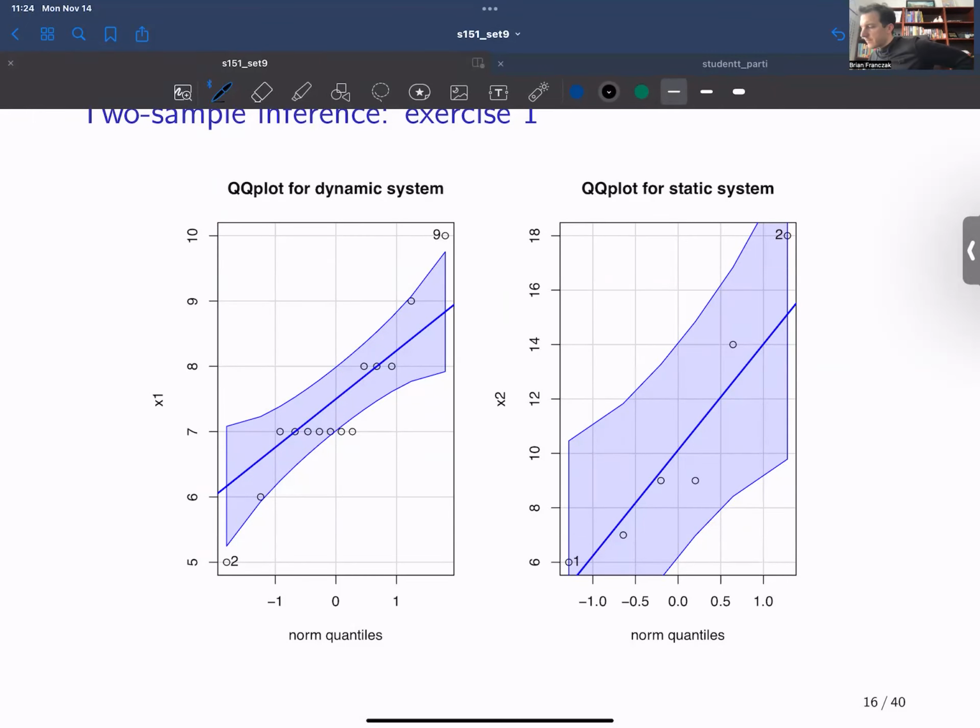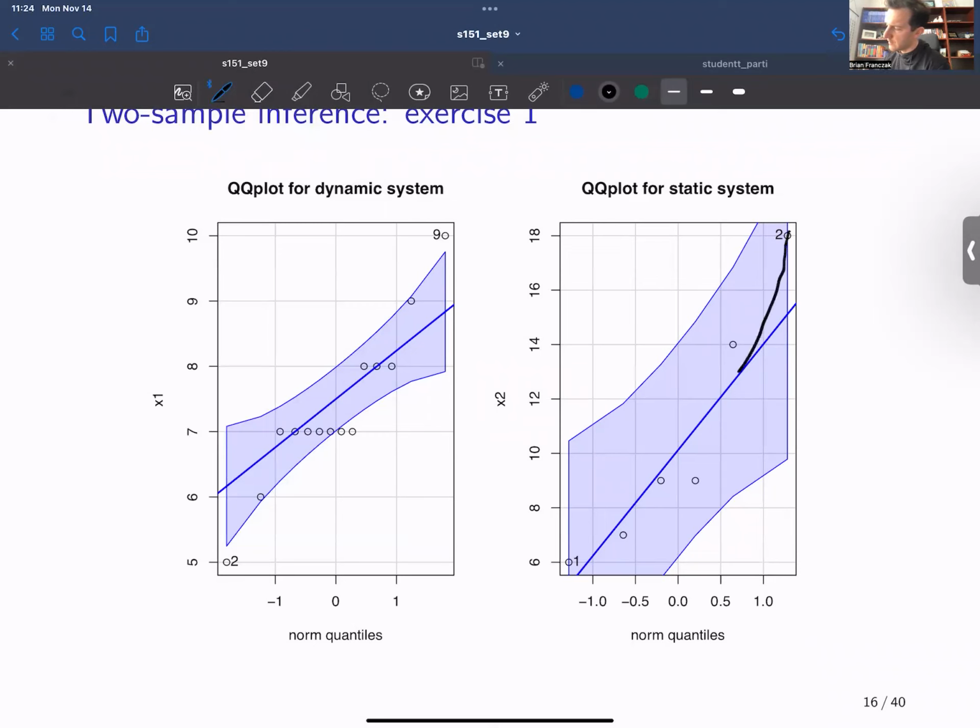Now for the static system, you can see there are 2 outliers identified, 1 and 2. They're still within the bands. But what we are seeing with this particular plot is a little bit of right skewness. You can tell because the shape here is a little bit more of a curve than we would want to see.